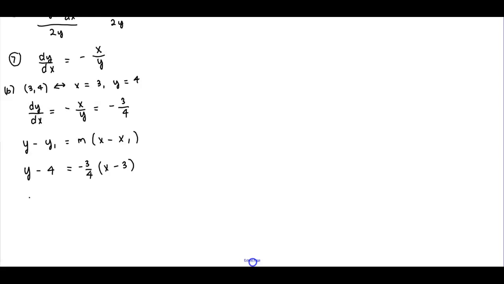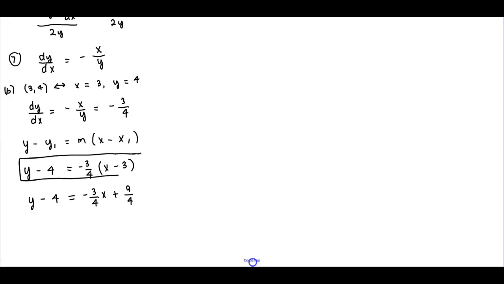So now let's go ahead and solve. If we distribute, we get negative 3/4 x plus 9/4.